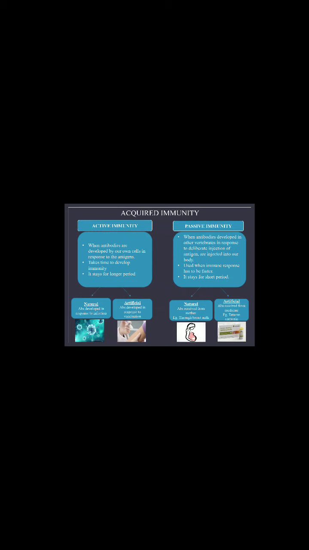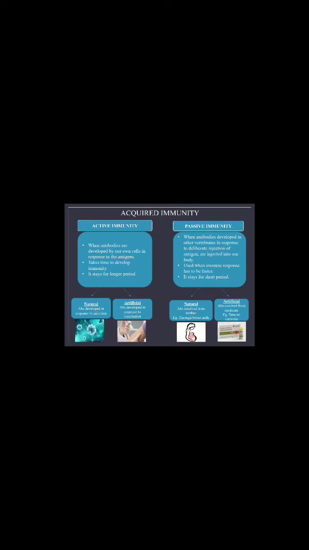So acquired immunity is also of two types, active and passive. What is active? When antibodies are produced directly by our body, that is active, when the antigens enter, and artificial is through vaccination. And passive immunity is when, naturally, the antibodies cross through the placenta, like IgG, and through colostrum, this immunoglobulin.